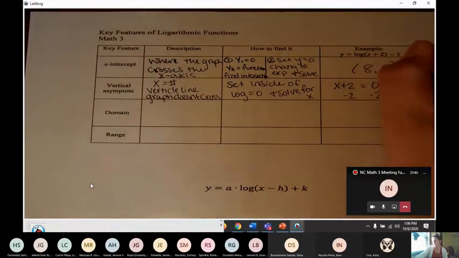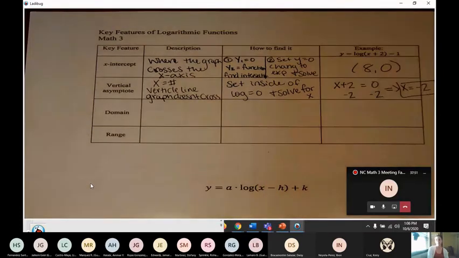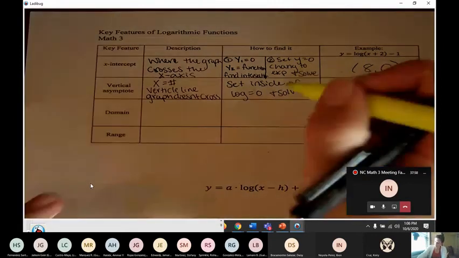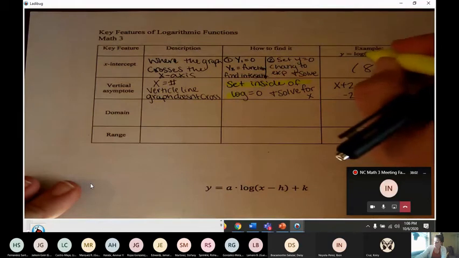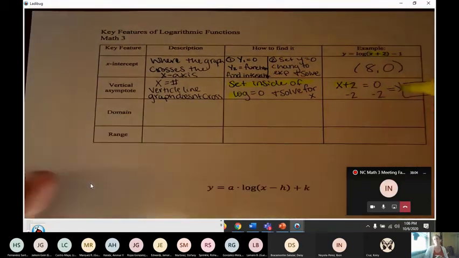Subtract 2 on each side to get that x equals -2 is my vertical asymptote.